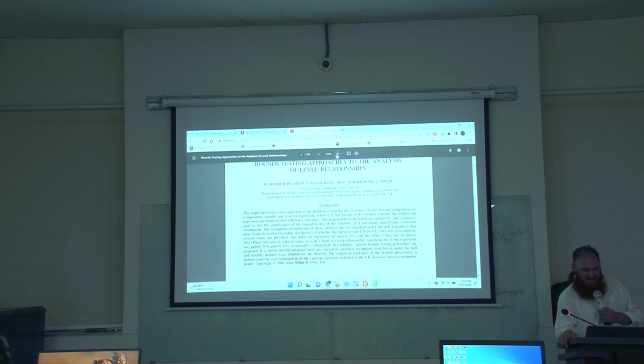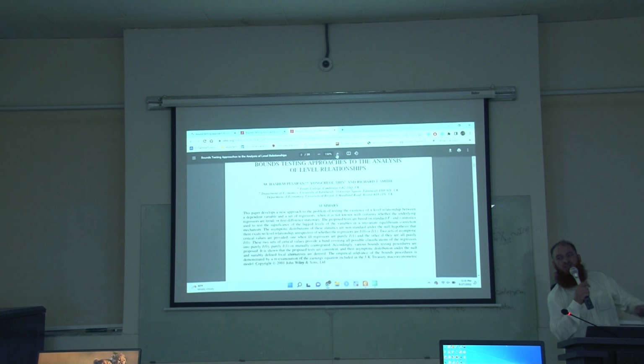One, when all the regressors are purely I1, and the other if all are purely I0. These two sets of critical values provide a band covering all possible classifications.